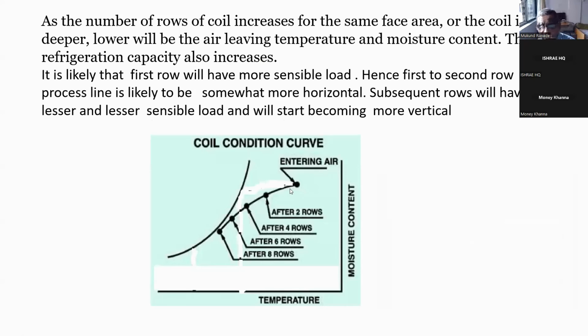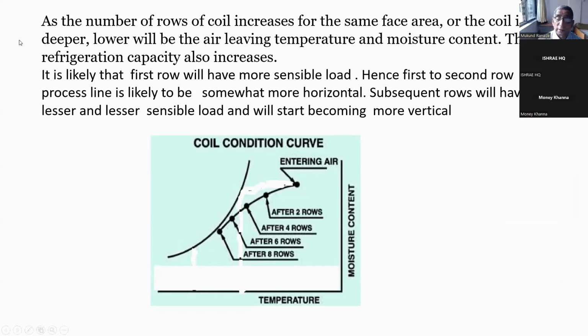Usually what happens, most of the time the air entering the first row of the coil is unsaturated and at a higher temperature than the fluid inside the tube. So there is more sensible load, and till the dew point is reached, the load is 100% sensible for some time.